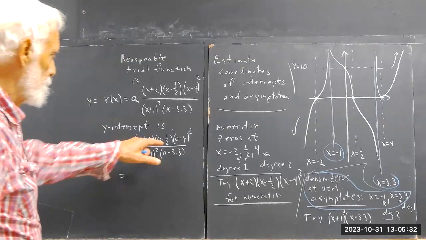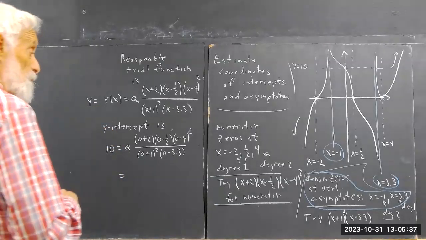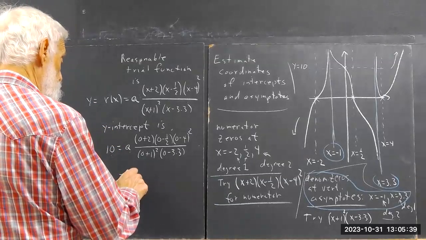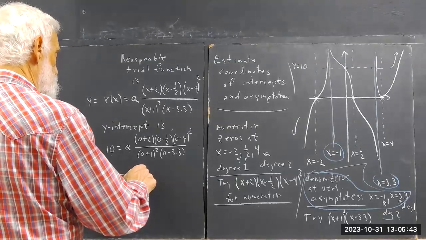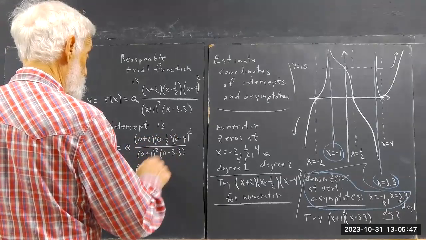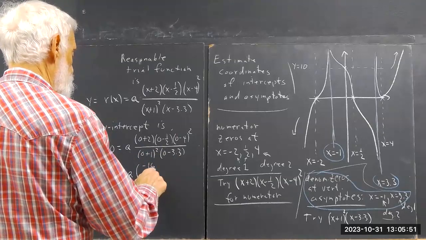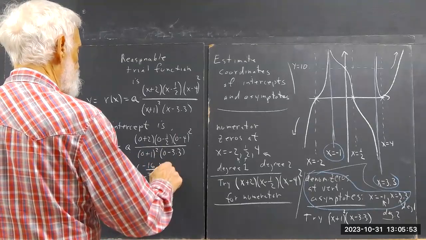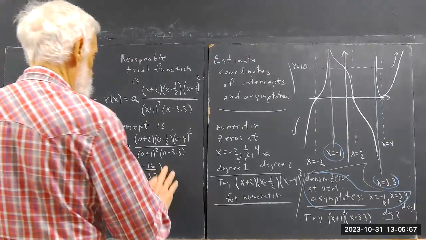I screwed up, because this is negative. Okay, a is actually going to be positive. It's going to be around 2.3 or something like that. Okay, so we get a times numerator gives us -1 times 16. Denominator gives us -3.3. I said 2.5. Yeah, it's going to be about 2.5.